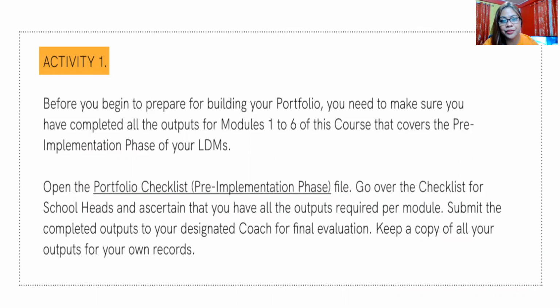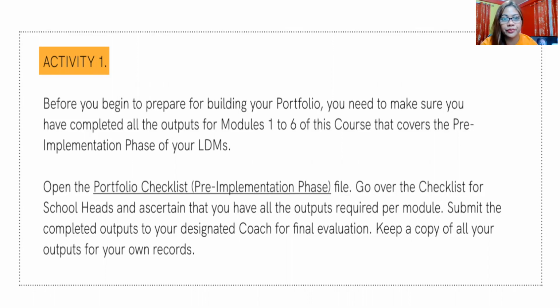What you're going to do with Activity 1 is open the portfolio checklist, also termed the pre-implementation phase file, and go over the checklist and ascertain that you have all the outputs required per module. You have to submit all those outputs to your designated coach for evaluation.